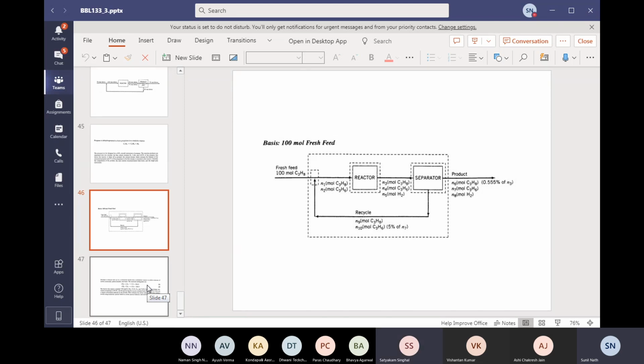So for the recycle ratio, I guess N9 plus N10 upon 100 would be the recycle ratio, no? Right? Yeah, N9 plus N10 upon 100, right.